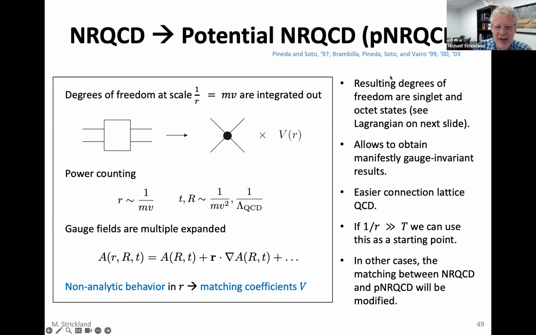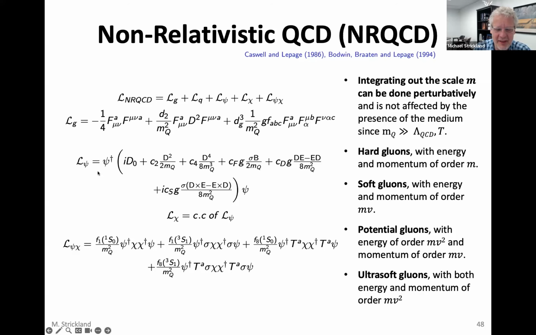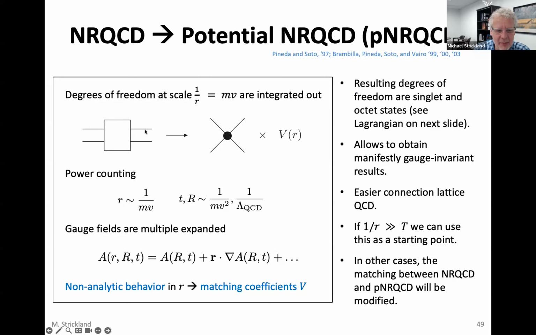Now, in potential non-relativistic QCD, you start with this now complicated looking Lagrangian, and then whenever you have some four-fermion interaction, you're going to integrate that out into a kind of point-like interaction between those guys and some Wilson coefficient, which in this case turns out to be the potential.